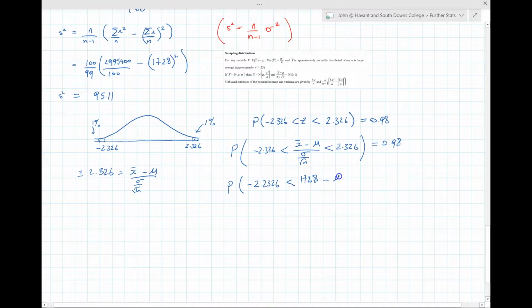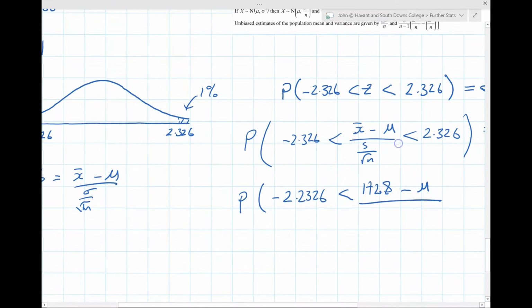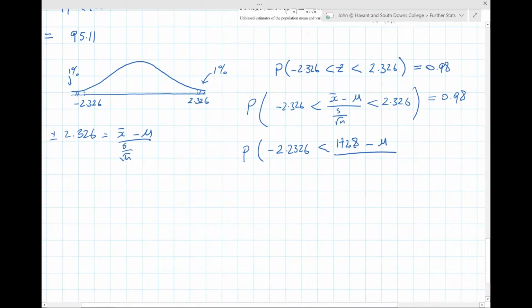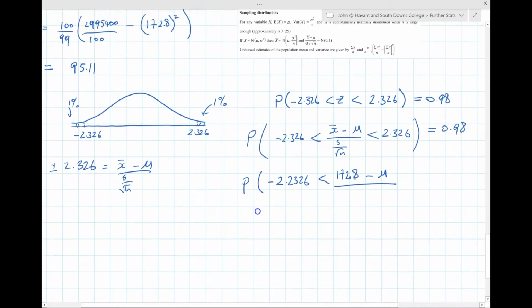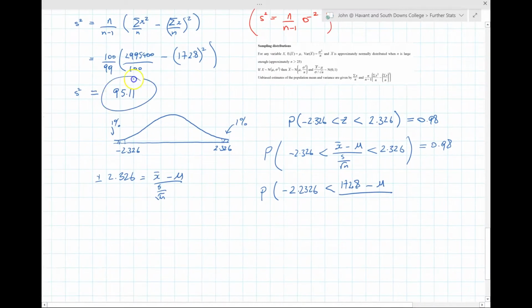Take away the unknown population mean, divided by, and I probably should have put s here because we're using s as an estimator for the standard deviation. So that would be 95.11, but it's the square root of 95.11 because this is the variance.